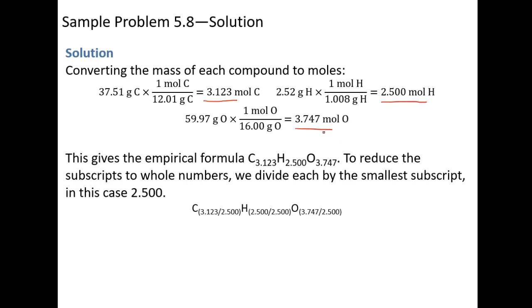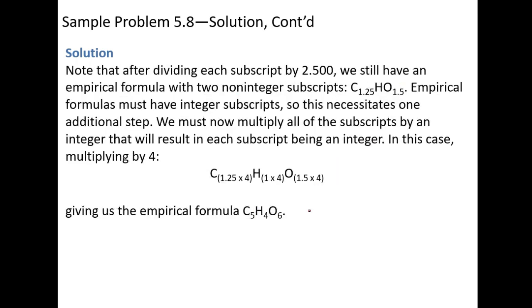You divide by the smallest number. In this case, it's 2.5. So you notice they're dividing everything by 2.5. And what do you get? Notice you get a 1.25 as one of your answers, a 1.0, and a 1.5. In this case, you get kind of a little bit of everything. All right, so you have to find one number that you multiply all these by to get a whole number.